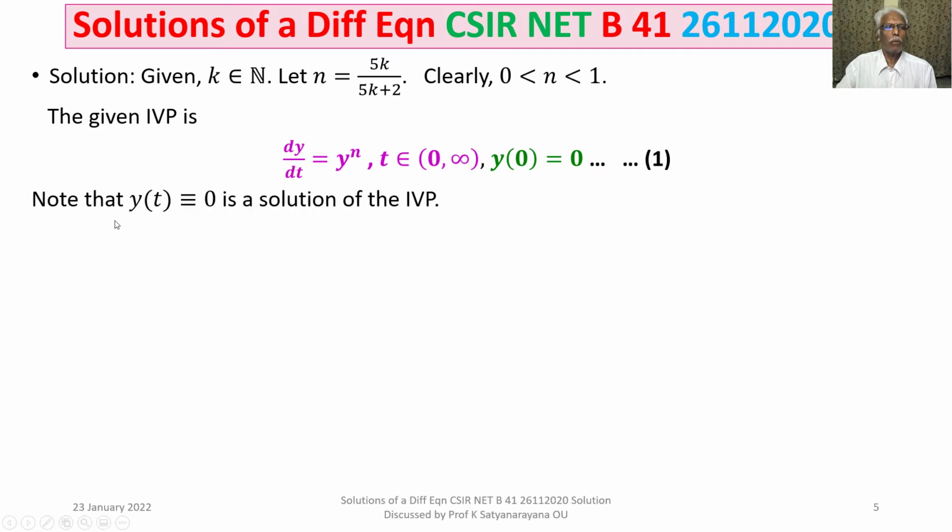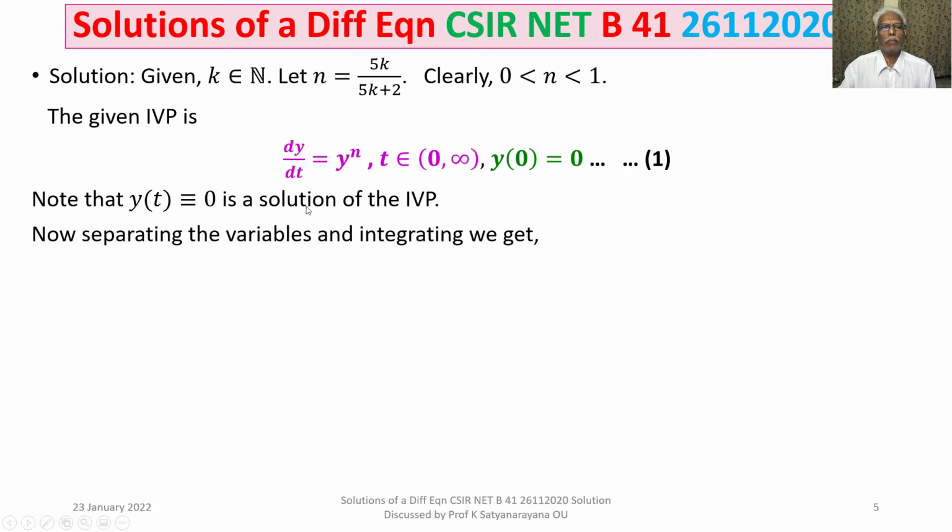Note that y of t identically equal to 0 is a solution of this initial value problem. Y of t identically equal to 0 means y of t is equal to 0 for all t belongs to the open interval 0 to infinity. That is, a trivial solution is also there.